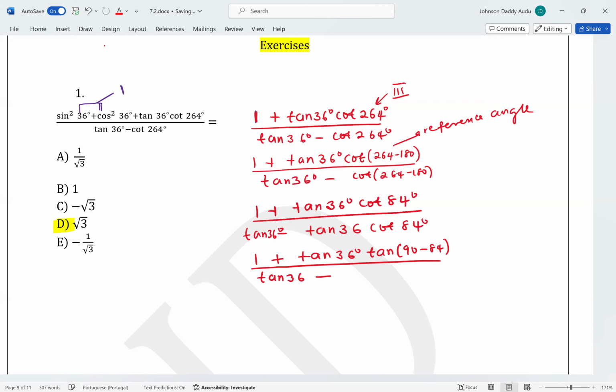So this is minus tan 36, also 90 minus 84 degrees.